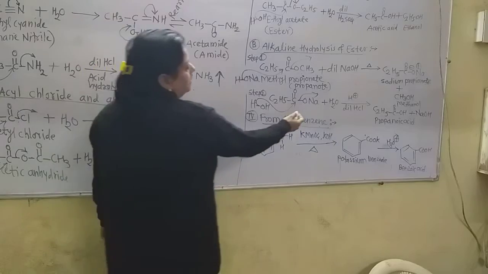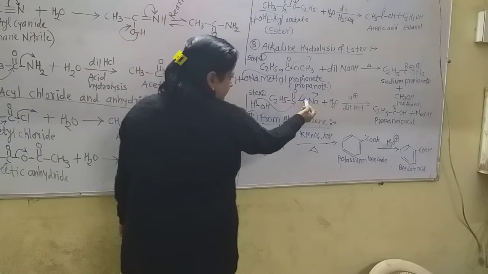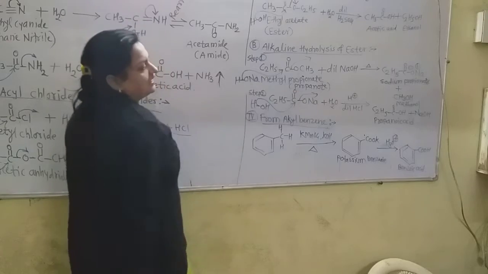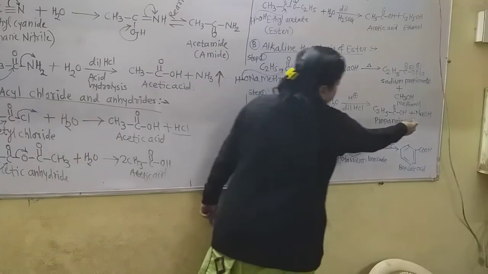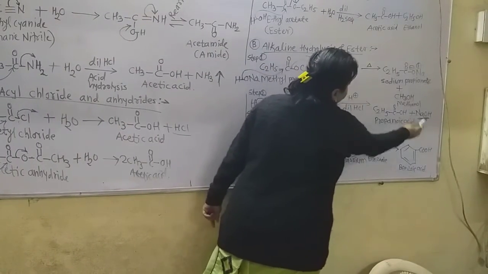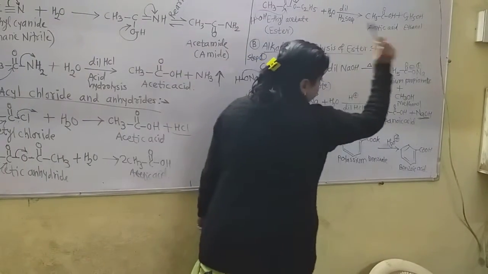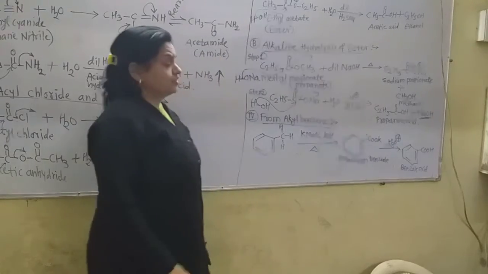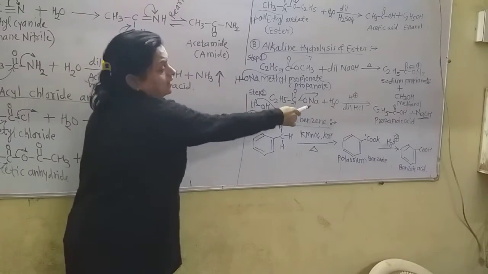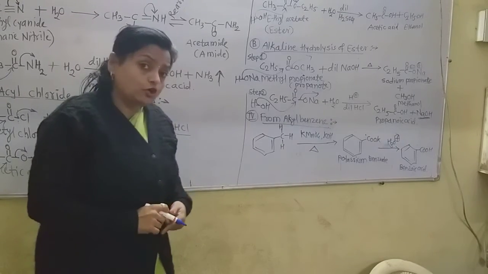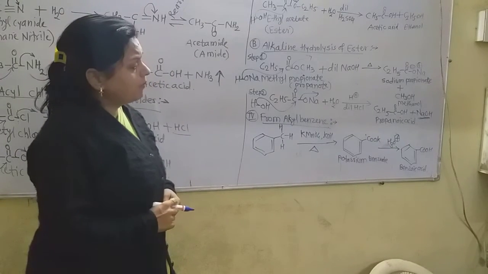Again this O minus on that oxygen attracts this proton, and there is regeneration of the alkali. The alkali which we used in the first step gets regenerated in the second step, and we obtain the carboxylic acid. Here the carboxylic acid is propanoic acid, or propionic acid in the common name.